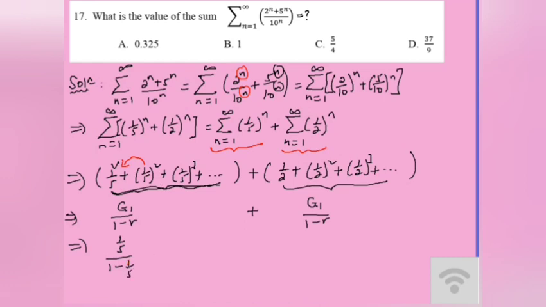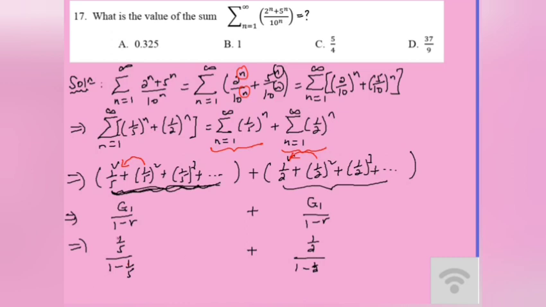Both the first term and the common ratio are the same for this series. Plus, in the second bracket, the first term is 1 over 2, and the common ratio, the ratio between the second and the first, is 1 over 2.